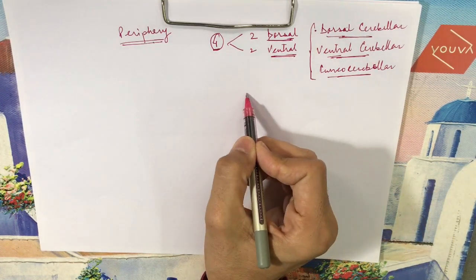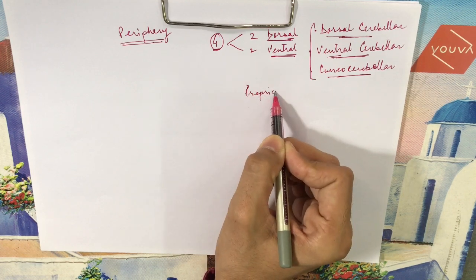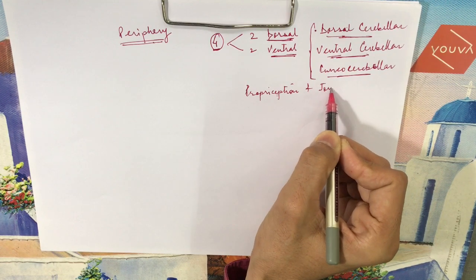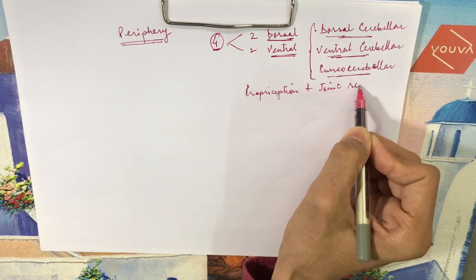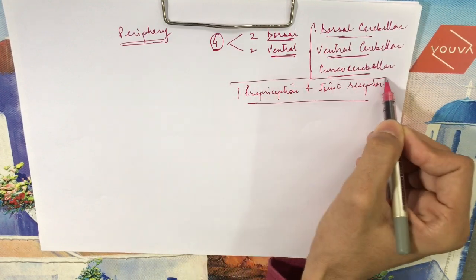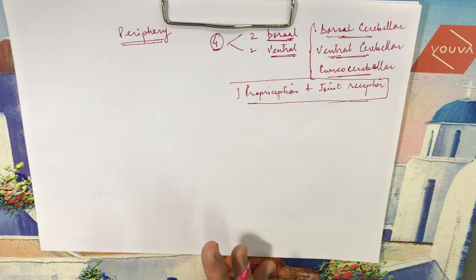They provide proprioception and joint reception from joint receptors present in different parts of the axial skeleton.